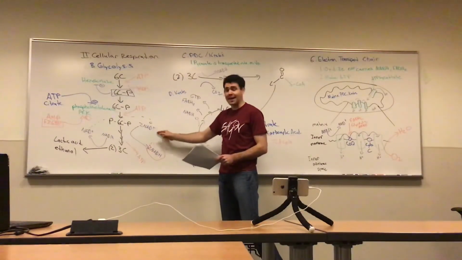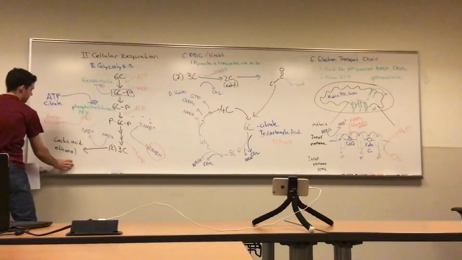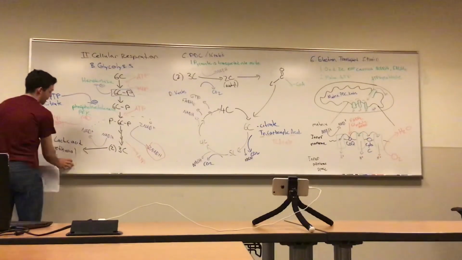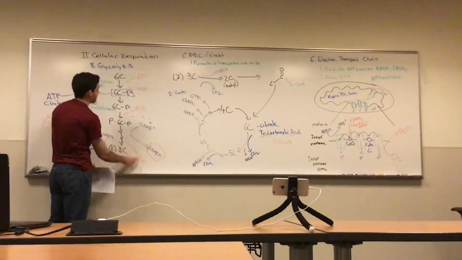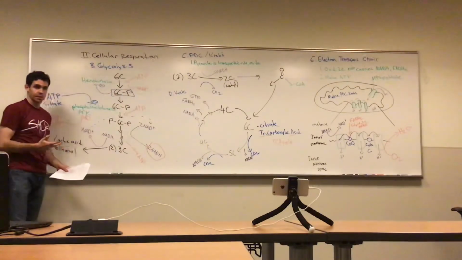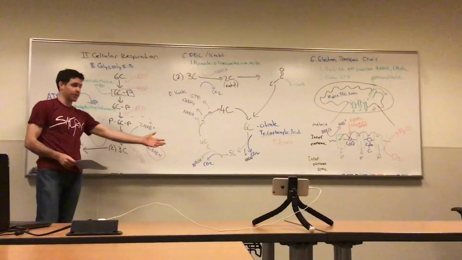If you can't do that, then you have to ferment. And when you ferment, you only get 2 net ATP per glucose. Right? So it's a big difference between 30 or 32 for prokaryotes and 2.